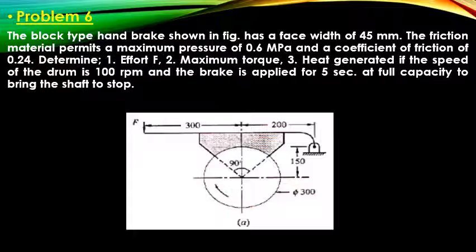From this figure we can see that the tangential force FT is passing through the fulcrum point. Therefore this belongs to the case 1 problem, where for the rotation of the drum in either clockwise or counterclockwise direction, the equation is the same. That is given in the design data handbook page number 267.